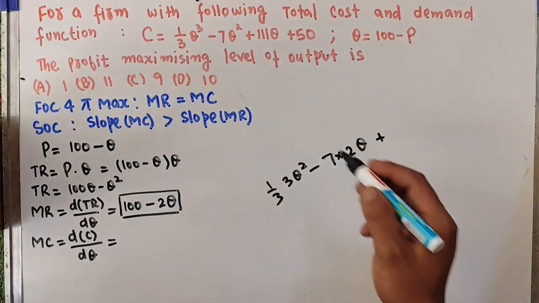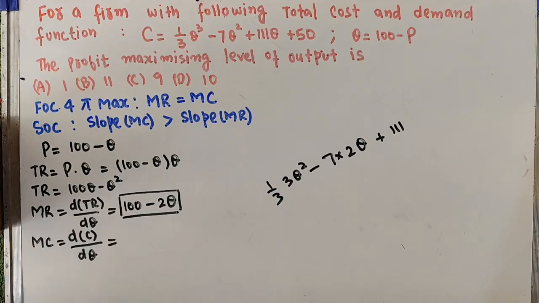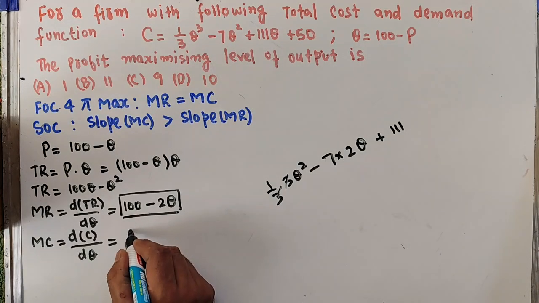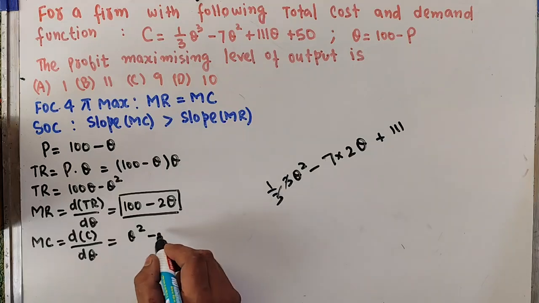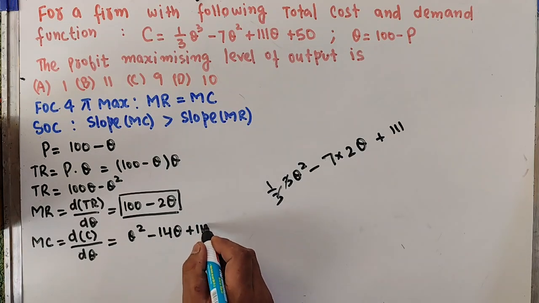Then derivative of Q in the third term is 1. We are left with 111, and derivative of a constant is 0. 3 and 3 get cancelled, so we will be left with Q square minus 14Q plus 111.